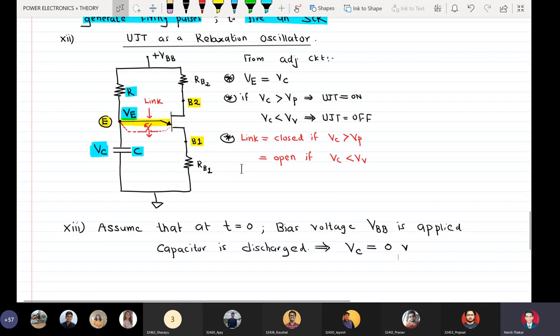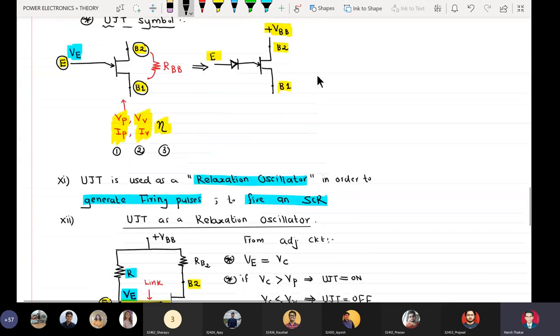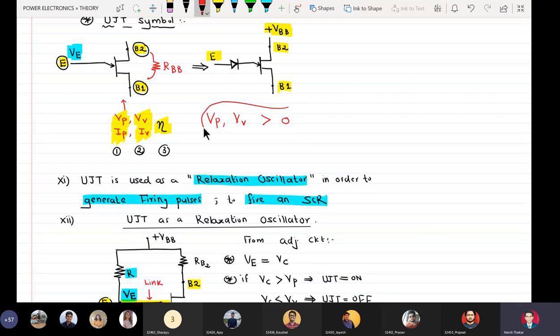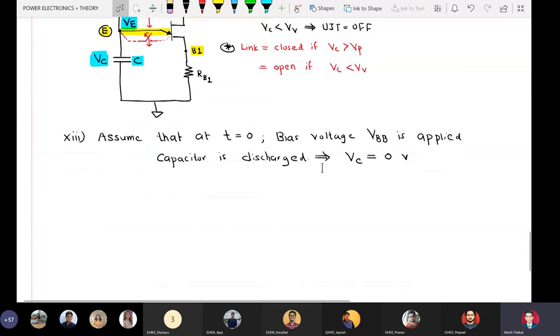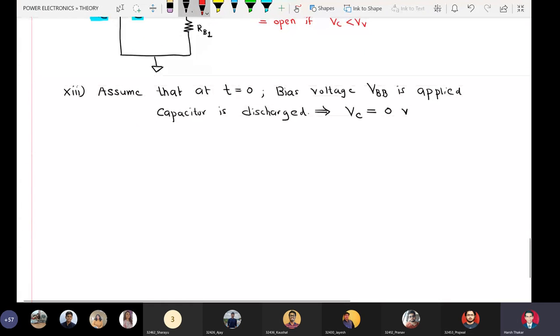Also understand one thing, that the peak point voltage and valley point voltage are both positive. So let me make a point here, that the peak point voltage and valley point voltage are both greater than 0.